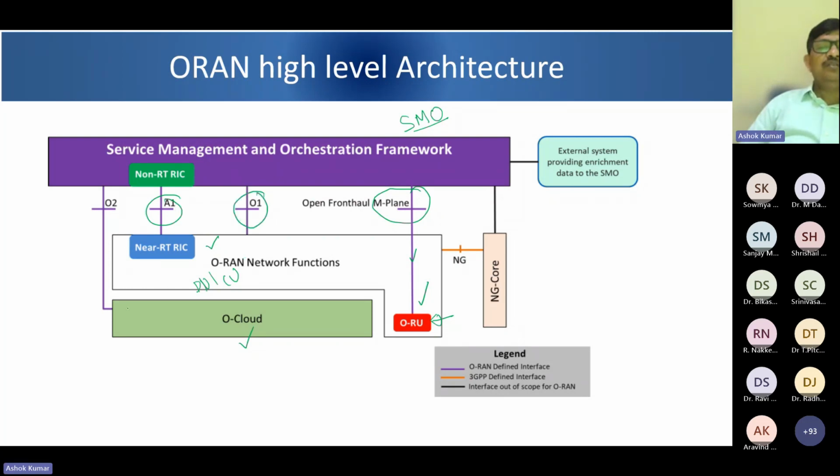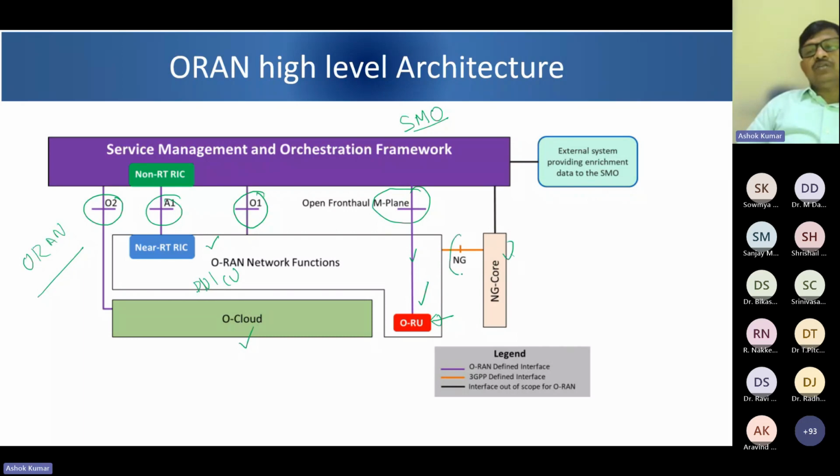With open cloud management, you can do it on the O2 interface. All these interfaces are O-RAN Alliance defined. O1, O2, A1 management plane are defined by the O-RAN Alliance.